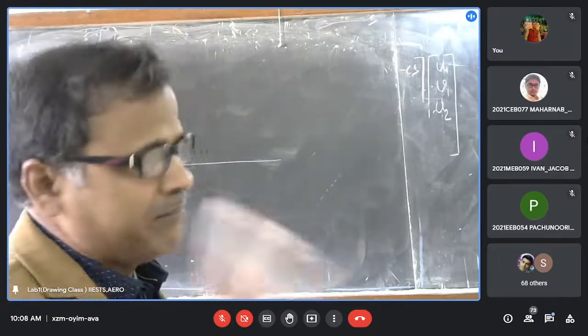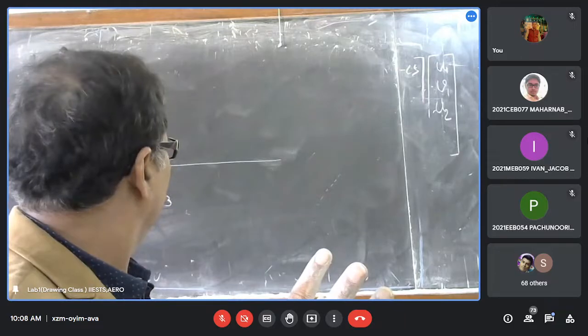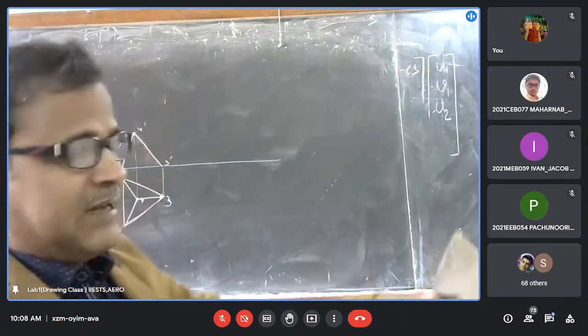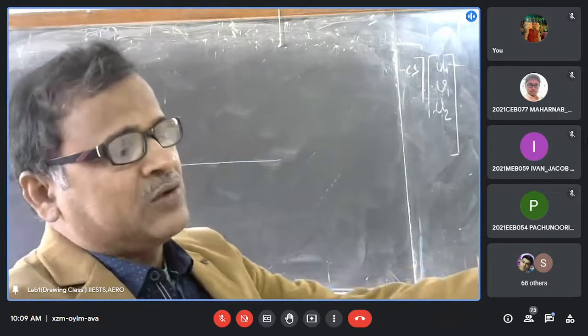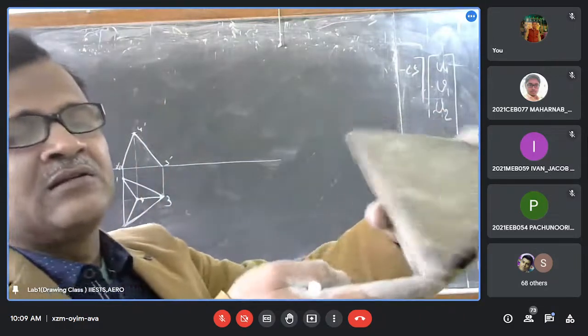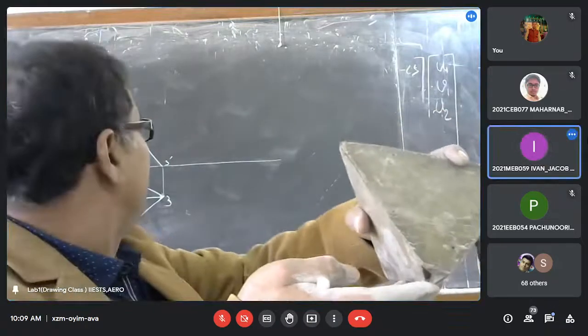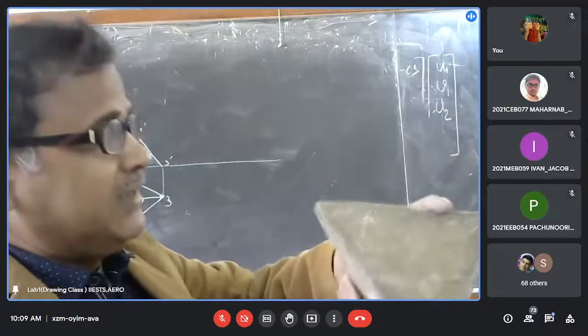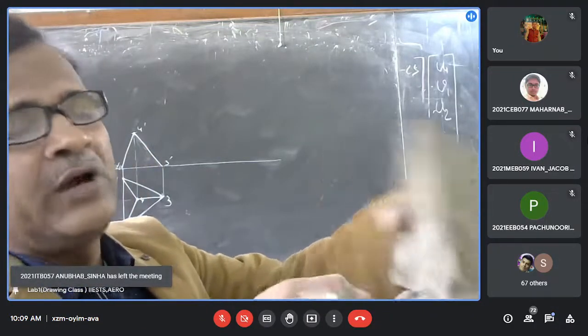It is the same. Okay. Though it is resting with one edge, not a surface, you can rotate like this. Yes, sir. Will the elevation shape change or not while you are rotating?